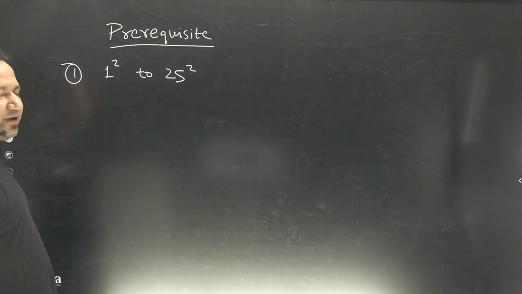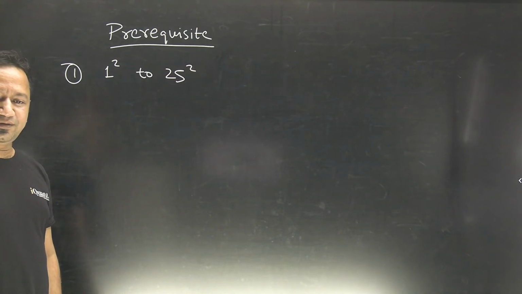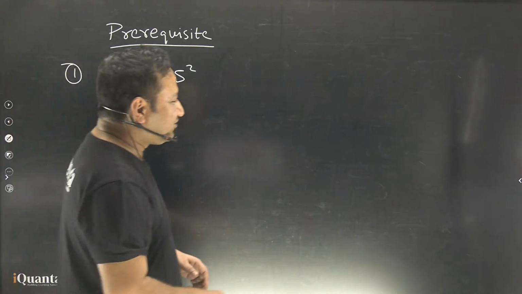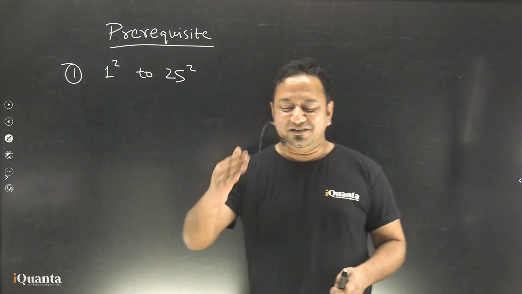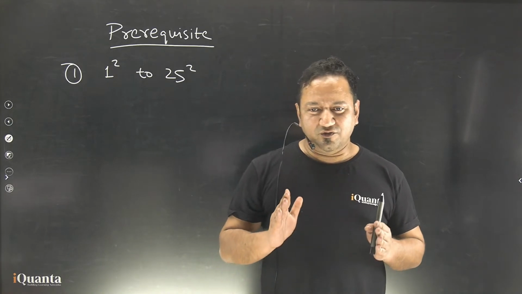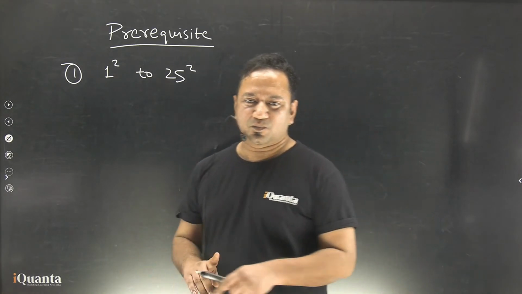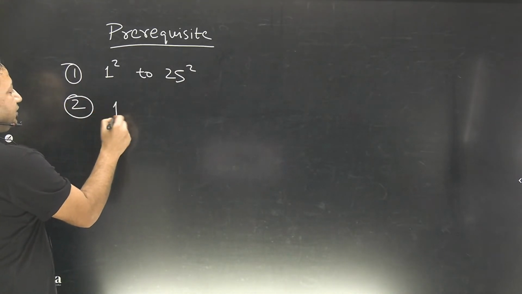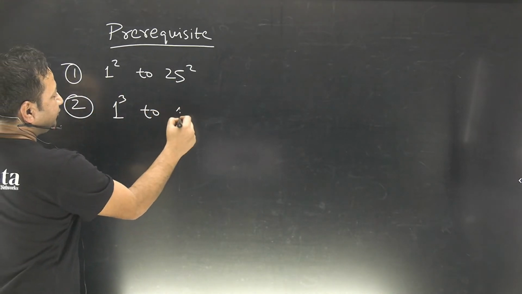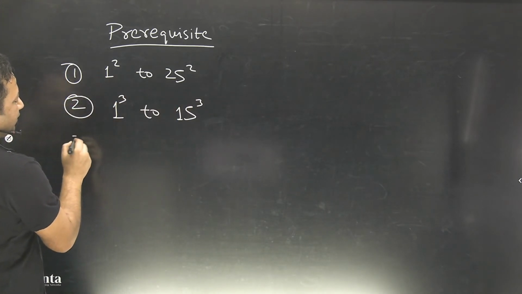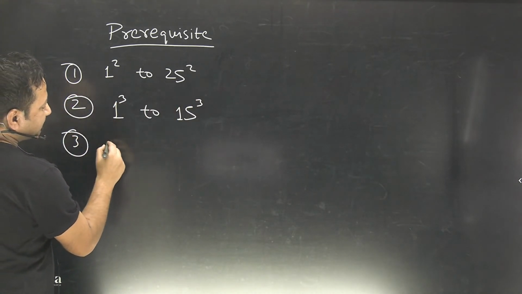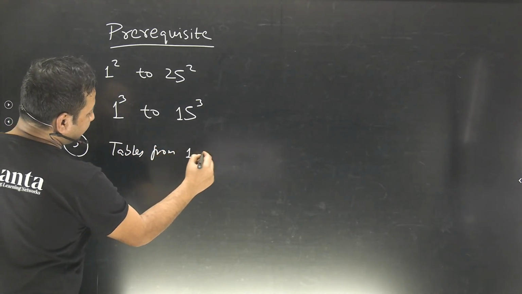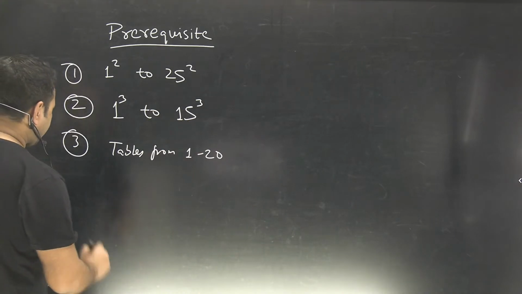Only 1 to 25, not till 30. In case you know it from 1 to 30, just unlearn. That sounds funny. Unlearn from 26 to 30. Only 1 to 25 is required, nothing else. The second prerequisite is that we should know the cubes from 1 to 15. Multiplication tables from 1 to 20. All right.